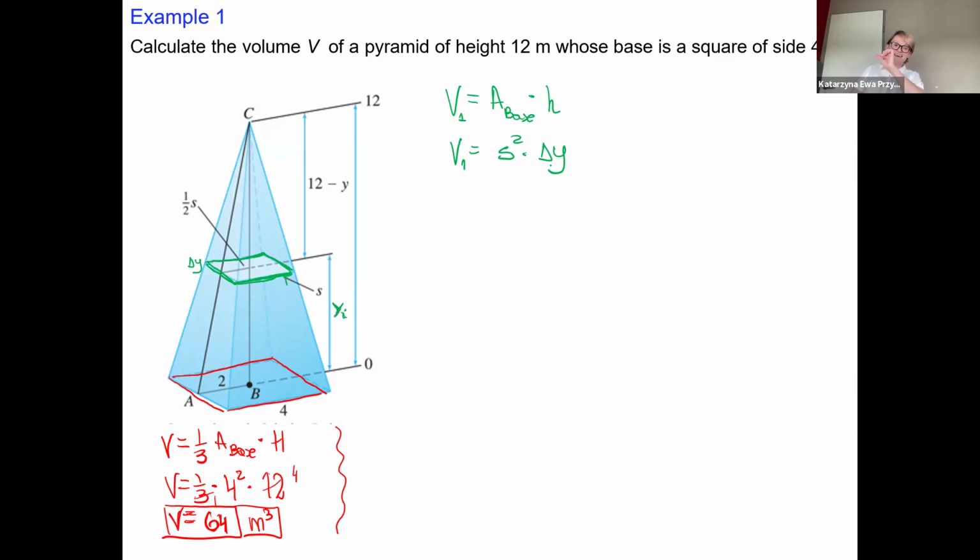Area of the base times thickness, height delta y. Let's keep that S, because we have to find S in terms of y.